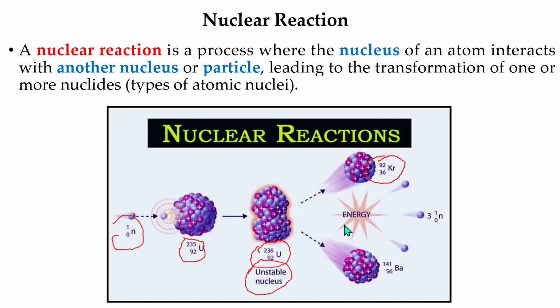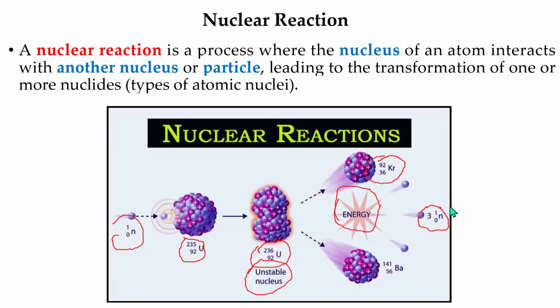And in the process of this nuclear reaction, a huge amount of energy is generated, along with 3 neutrons. So in simple terms, a nuclear reaction is a type of reaction where the nuclide of one atom interacts with another nuclide, leading to the formation of more nuclides. Like in this case, krypton and barium were generated with a huge amount of energy, and 3 neutrons were also generated.